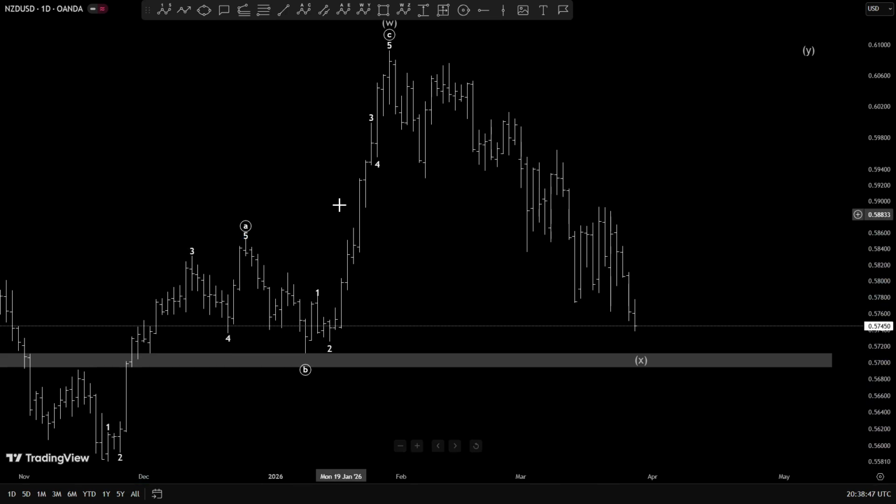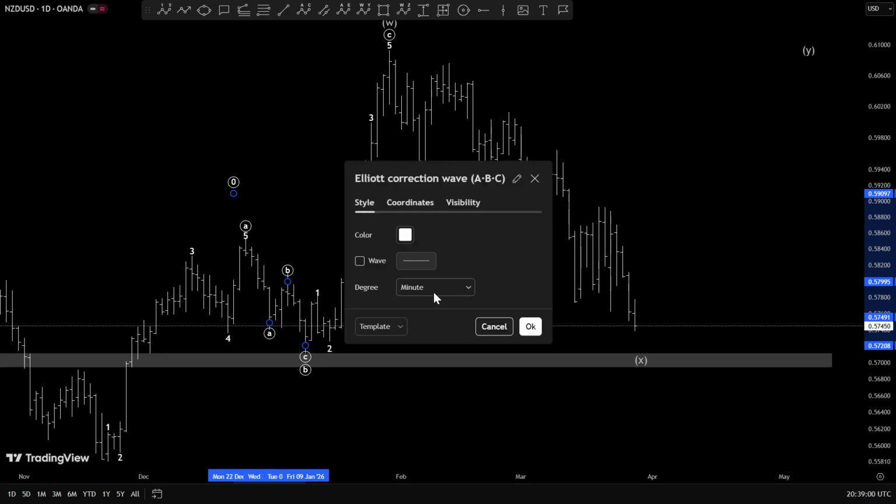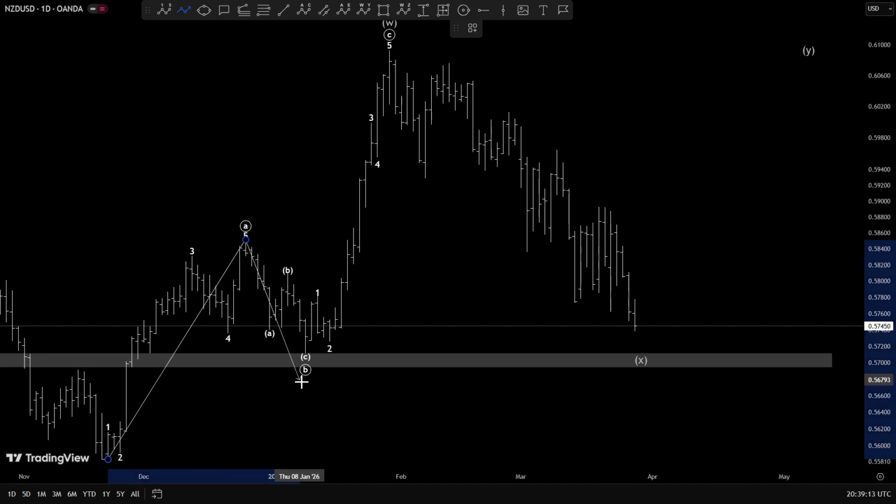And wave B is a corrective structure of ABC, which is A, B, and C. Okay, no confusion. This is 5, 3, and 5. And 5, 3, 5 is what? A, B, C. If you look at it, guess what? It is a zigzag pattern.